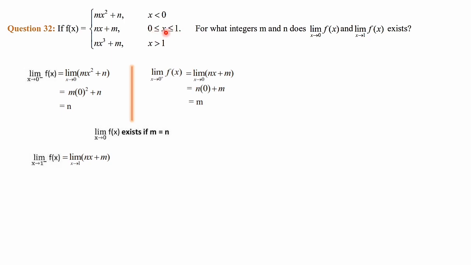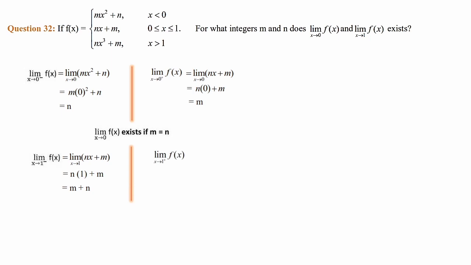Here 1 minus means just before 1 but not equal to 1. So the function will be nx plus m. So limit x tends to 1 of nx plus m. Substitute the value of x as 1. So n into 1 plus m, that is equal to m plus n if you are arranging in alphabetical order.